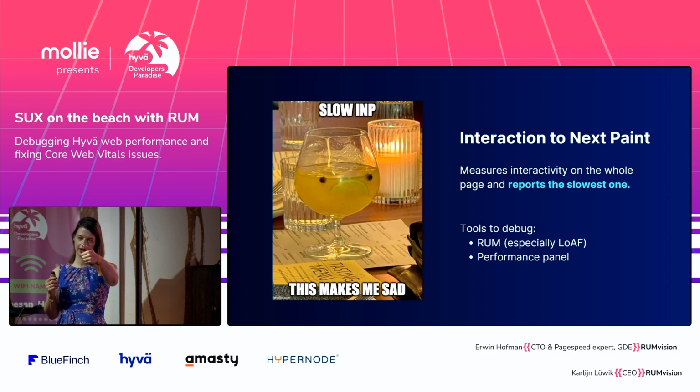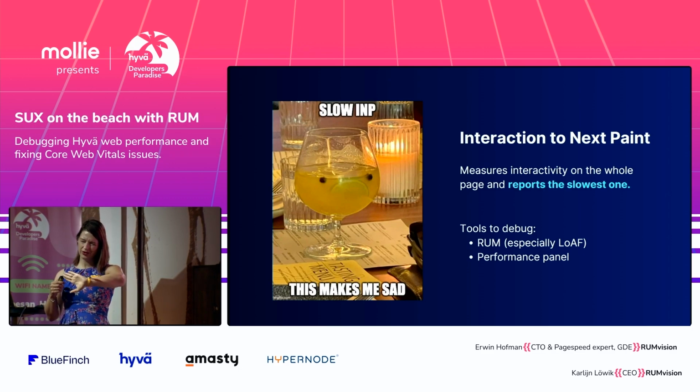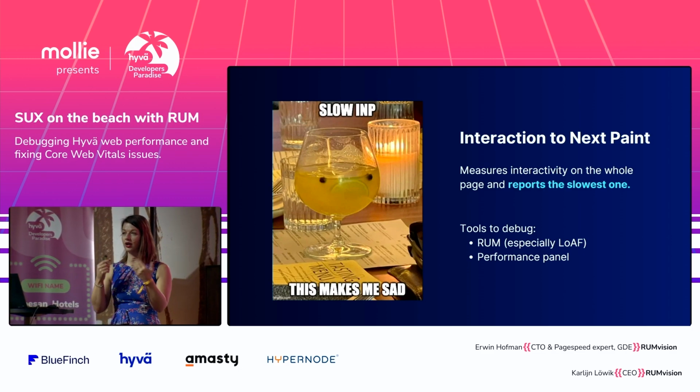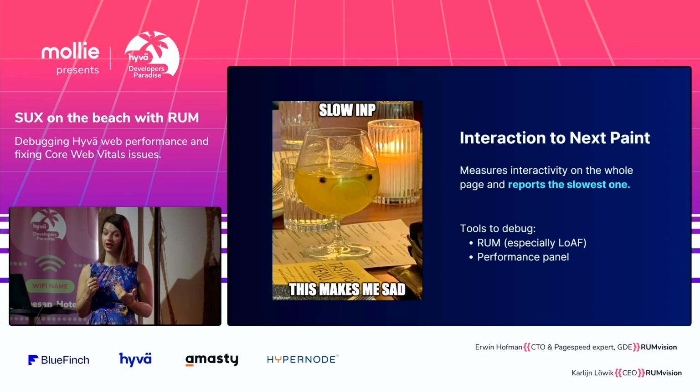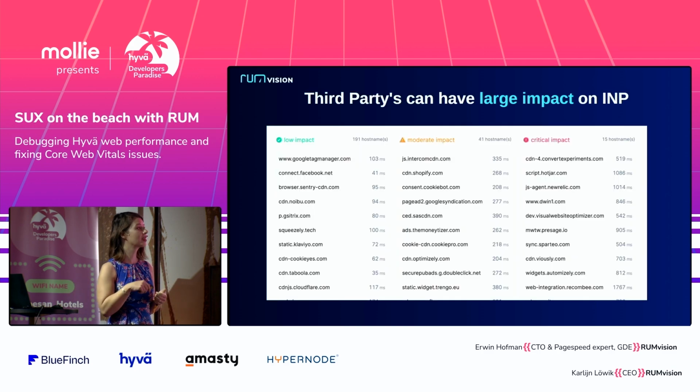So every element that you click that has an accordion that switches out, or a color that changes, or anything at all that a user wants to do that needs a refresh on the page is measured in INP, and it reports the slowest one. Fixing INP was very hard the last couple of years, and it's actually gotten lots and lots easier, which is nice, and we will show you.